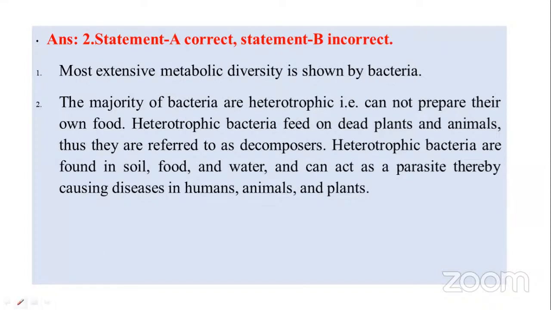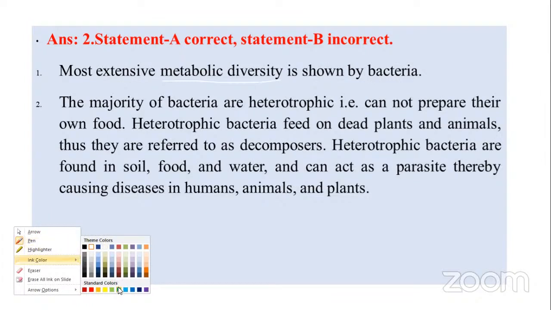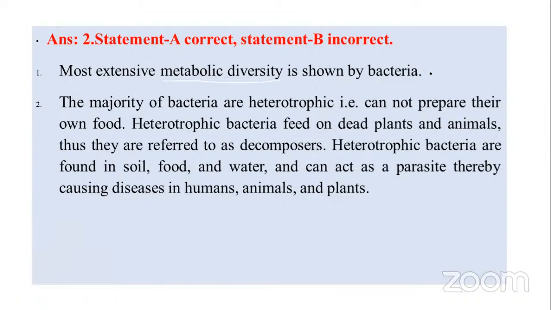Already we discussed this. Next, the majority of bacteria are heterotrophs only, so they cannot prepare their own food. So statement 1 is correct and the second is wrong, otherwise called incorrect. So that is the option.